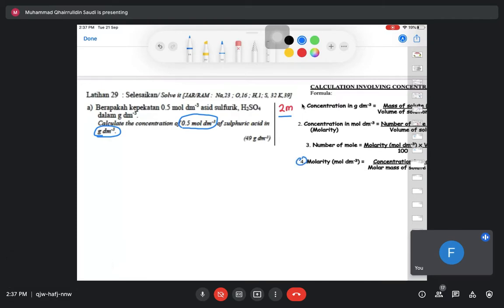So terus masukkan dalam formula number 4. Kita kena ubah sikit because the question wants concentration in gram per dm cube. So we just take the molarity times the molar mass. So first we find the molar mass. Molar mass of sulfuric acid will be 2 times 1 plus 32 plus 4 times 16.